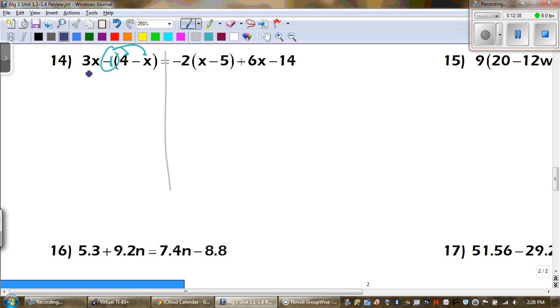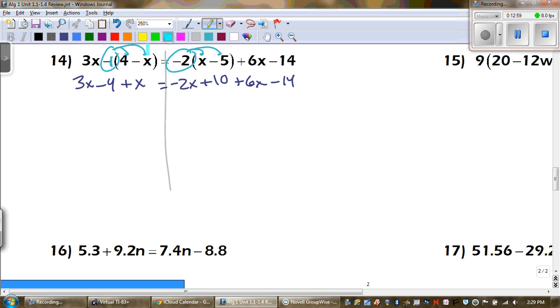Okay? So we get 3x minus 4 plus x, because the negative times the negative is positive. And now we need to distribute on the back. And we get -2x plus 10 plus 6x minus 14.